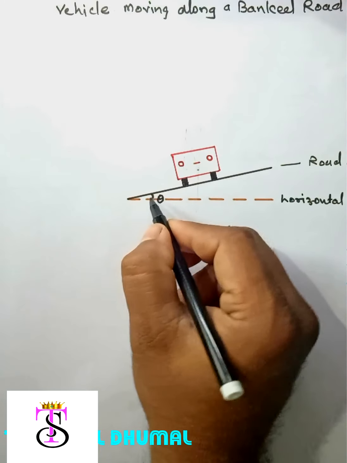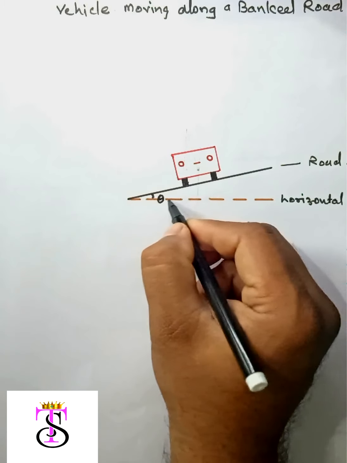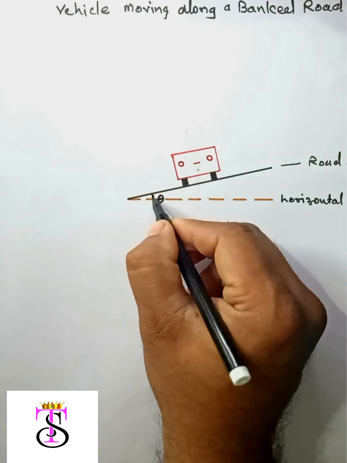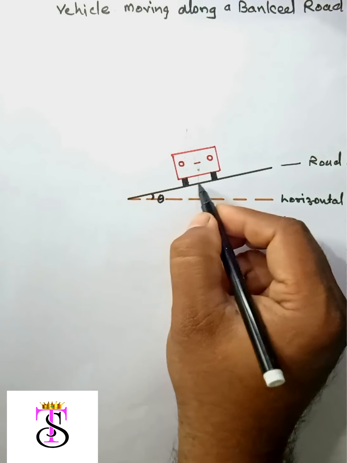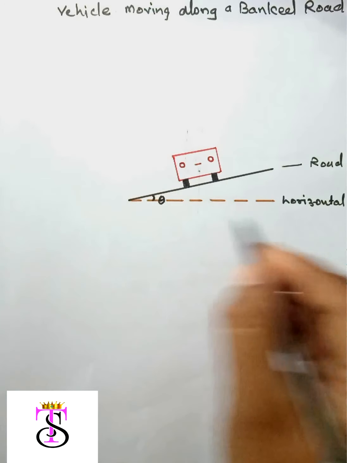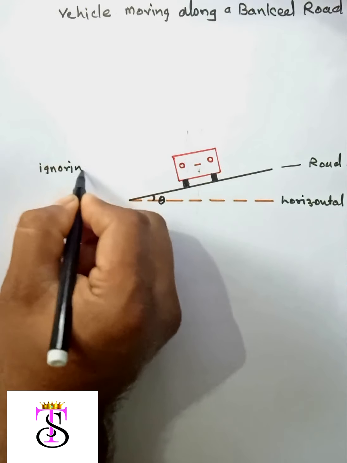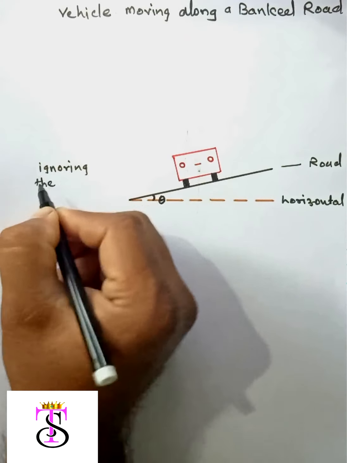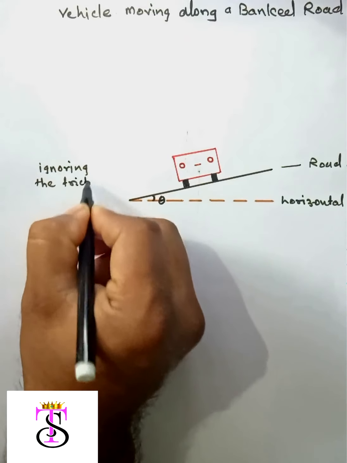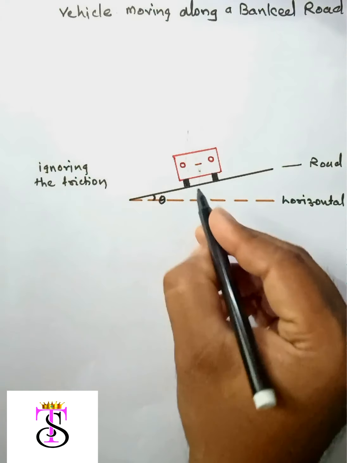So it is inclined at an angle of theta. The road surface is inclined with the horizontal at an angle of theta. This is called banking of road. Initially, we are ignoring the friction. We are not eliminating, we are just ignoring the friction.